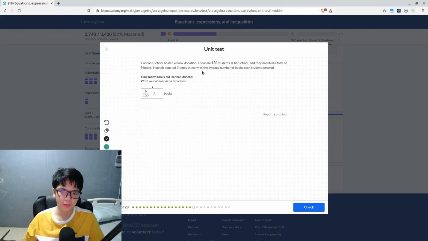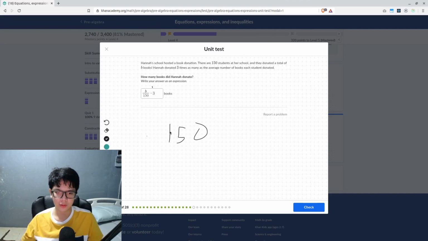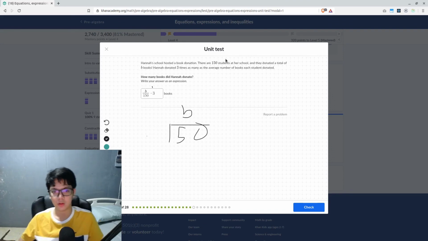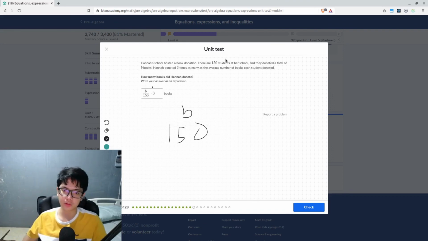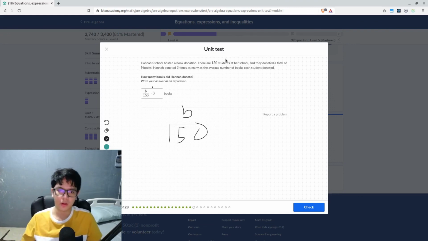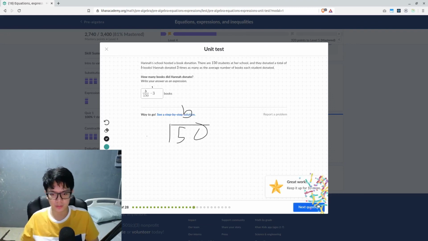Okay, so to get the average, we divide the number of books by 150. If the total number of books was 600, then each student would give 4 books, and 2 times that would be the average number of books each student donated. Okay, this makes sense. Cool.